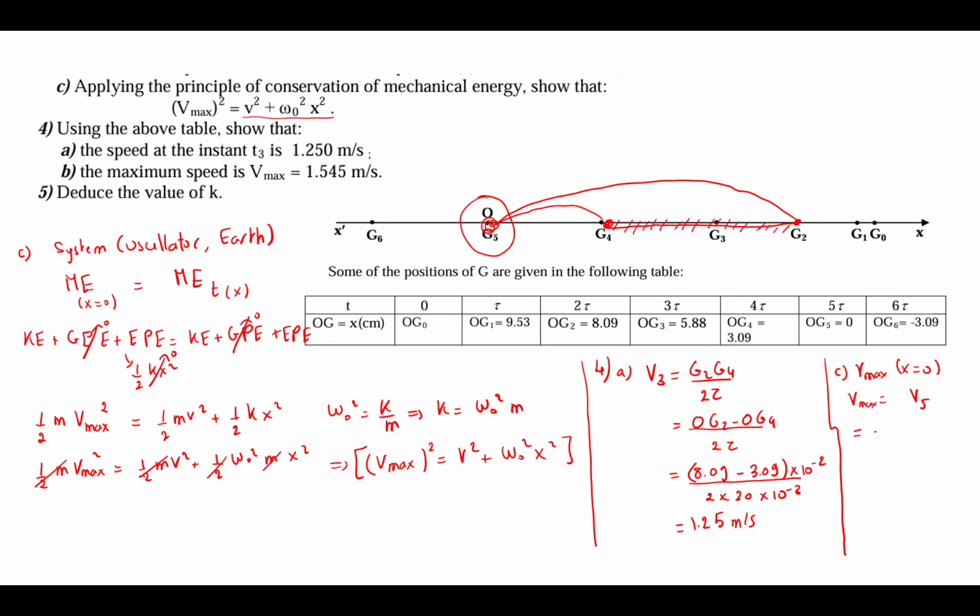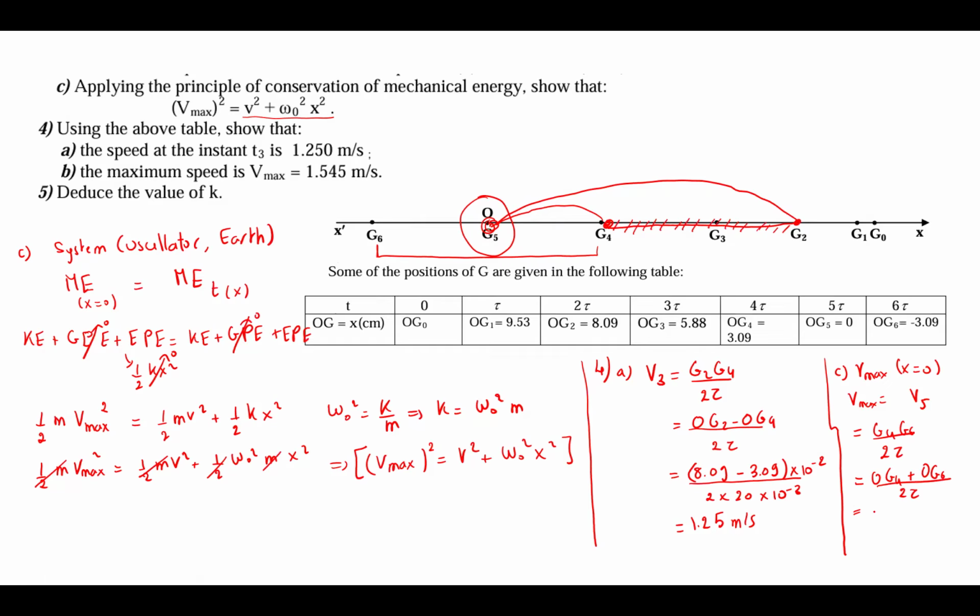And I can say that v5 is G4 G6 over 2 tau. So this is G4 G6, all of this. In order to find it, I will do OG4, but this time plus OG6, as value. Or since we have it negative, I can say minus and minus, so it will become plus. It's important to take the whole distance. So I can write it in this way: OG4 plus OG6 without taking into consideration the minus, over 2 tau.